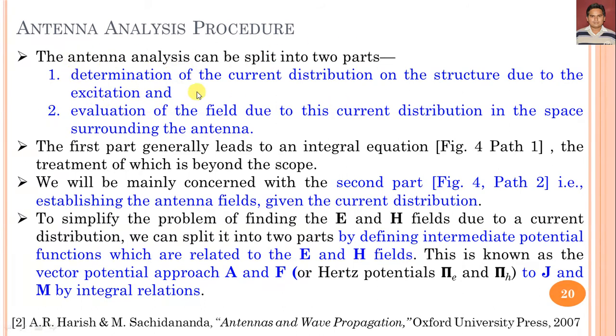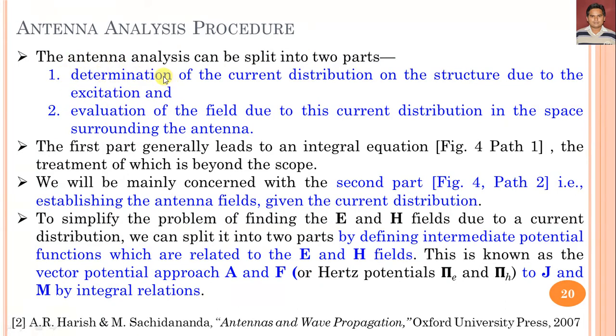The first is the determination of the current distribution on the antenna structure due to the excitation, and the second is the evaluation of the field due to this current distribution in the space surrounding the antenna. These are the two ways through which we can analyze antenna engineering problems.